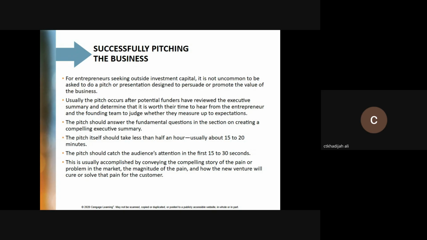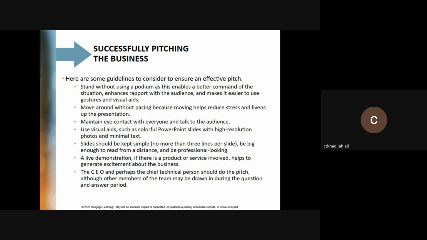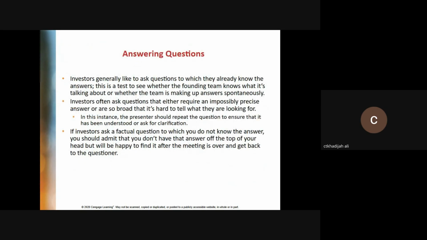This is usually accomplished by conveying the compelling story of the pain or problem in the market, the magnitude of the pain, and how the new venture will cure or solve that pain for the customer. So these are some guidelines for the effective pitch, which you can also use for your proposal defense.